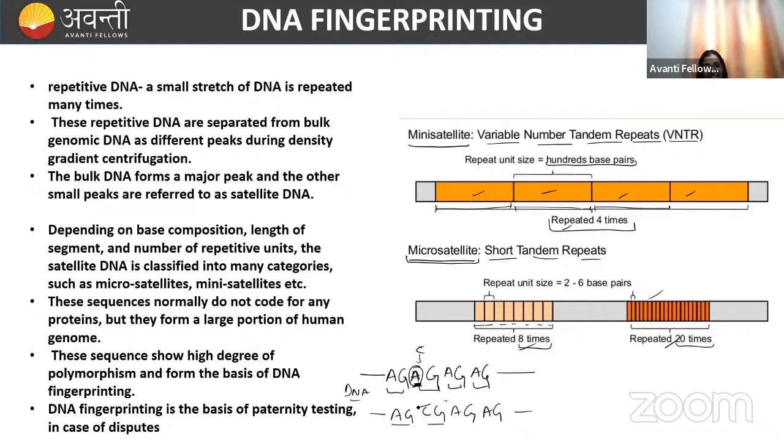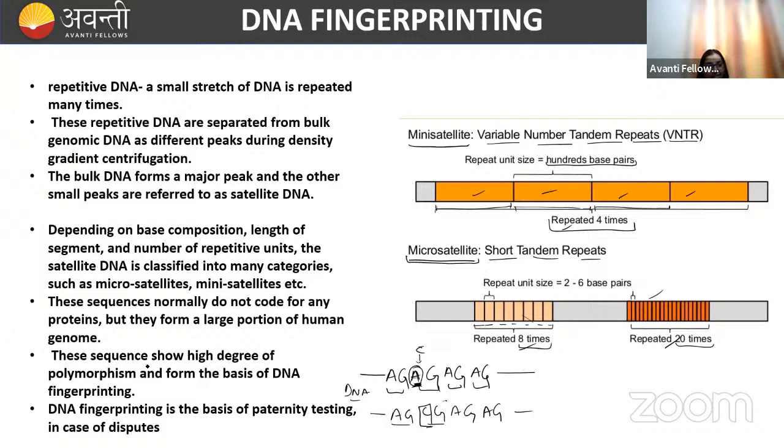So the change has occurred at this position, at the third position. If this changed sequence is spread in 1% of the human population, we call it polymorphism. And this change could occur due to mutation.